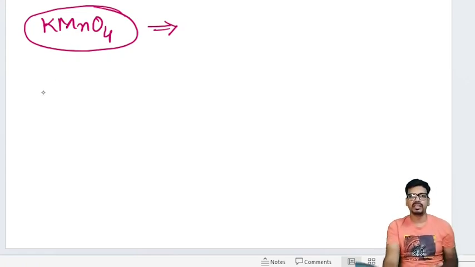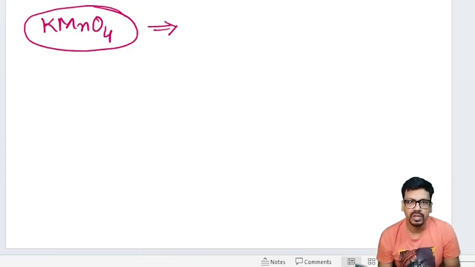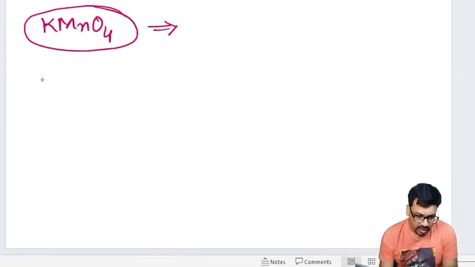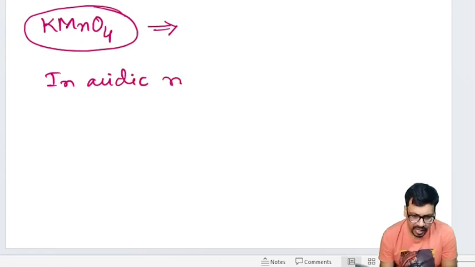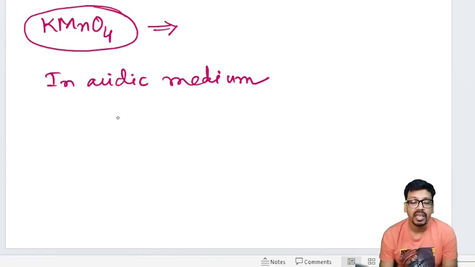MnO4 minus can be reduced in various forms that depend on the medium, that means whether the reaction medium is acidic, neutral or alkaline. In acidic medium, MnO4 minus is reduced to Mn2 plus.